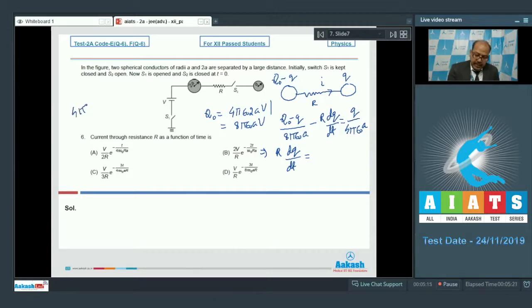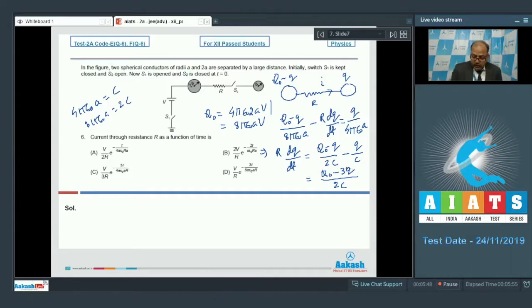Let's put 4 pi epsilon naught a as C. So 8 pi epsilon naught a becomes 2C, obviously. So R dq by dt is equal to Q0 minus q by 2C minus q by C, which simplifies further. If I put it here as 2C, it is Q0 minus q minus 2q, that is, it is 3q here.